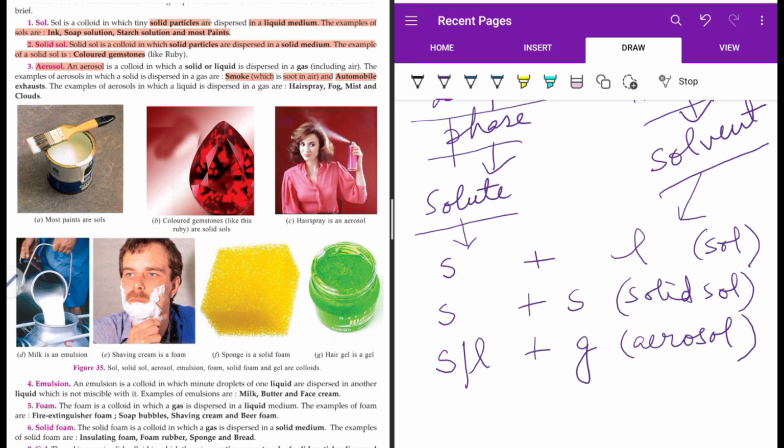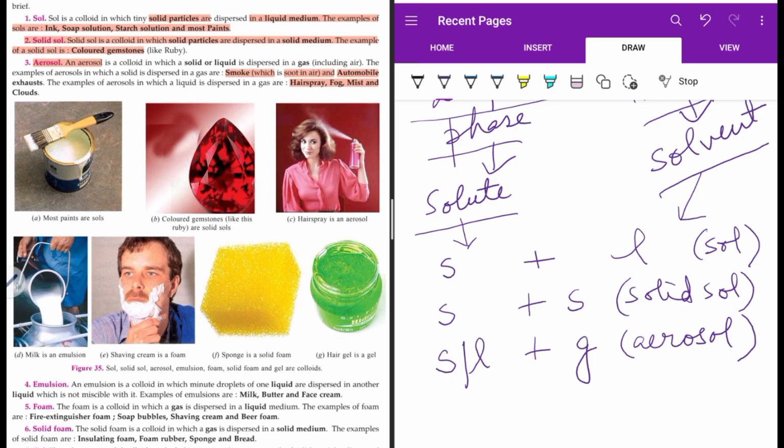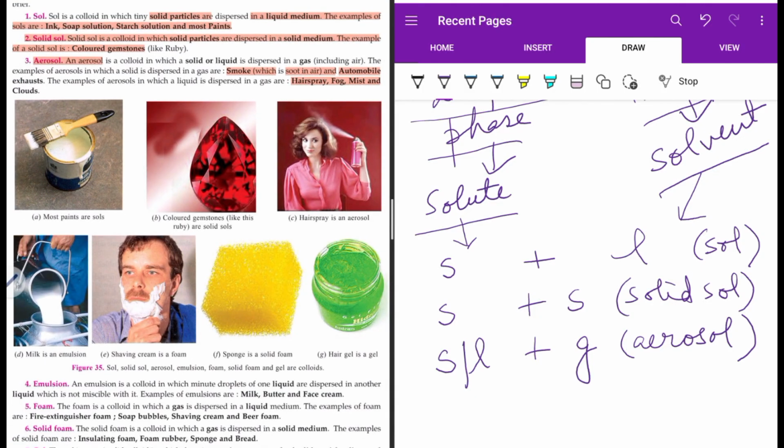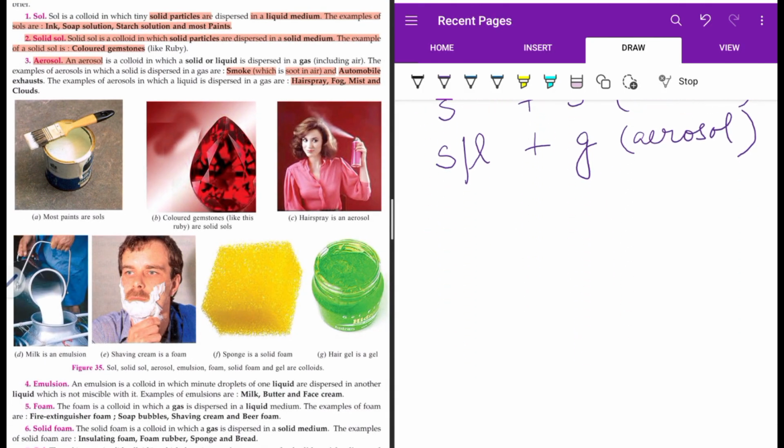Automobile exhaust is another example. Hairspray, you people may know hairspray, it is an aerosol. Okay, so these are the examples. Emulsion. Yes, this is another important example. What is emulsion? Milk, butter, face cream are emulsions.